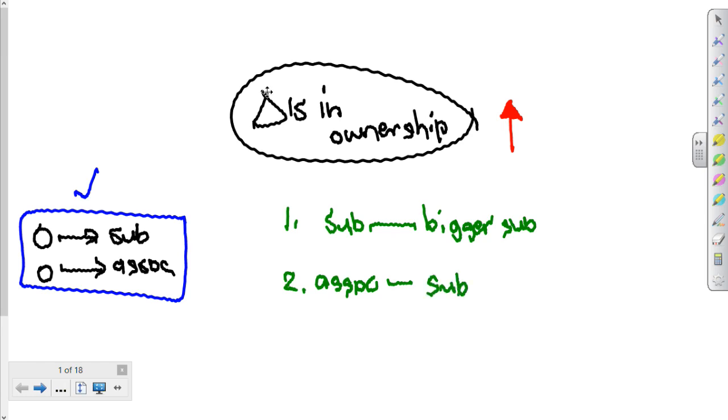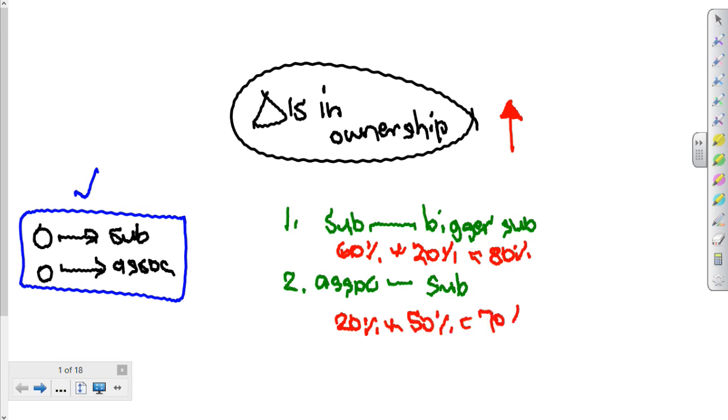I now acquire enough shares to gain control. If I'm looking at percentages, I maybe had 60 and I bought 20 and I now have 80. And with an associate, maybe I had 20 and I bought 50 and I now have 70, for example. So those are the two scenarios that we're going to look at today.